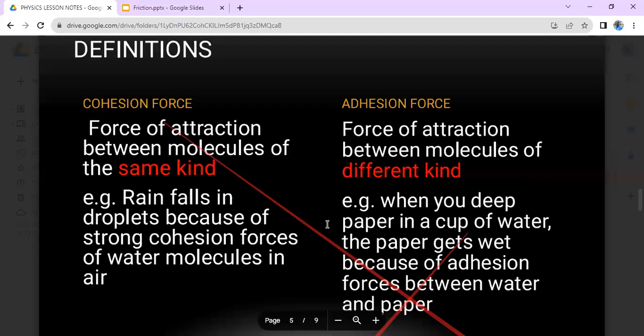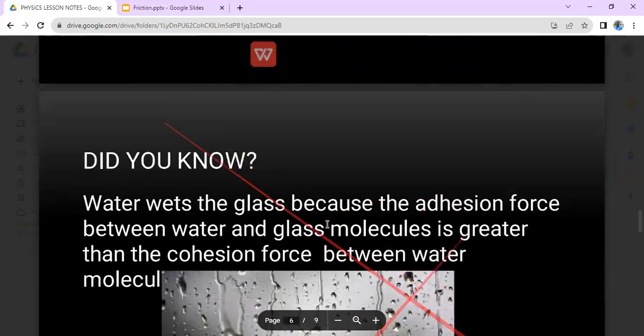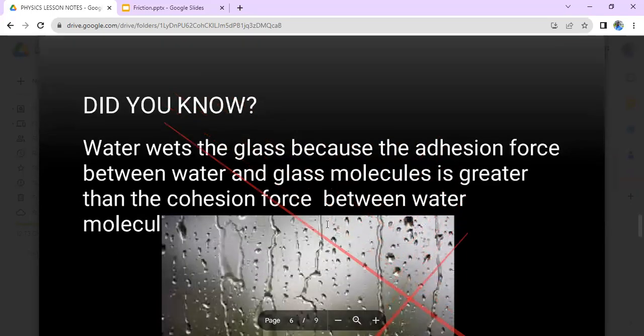In other words, the water molecules and the paper molecules have been attracting each other. So the reason why water wets glass is because that is the scenario that we started with.